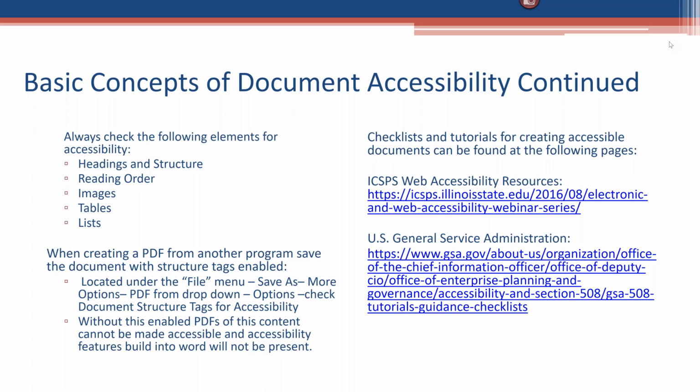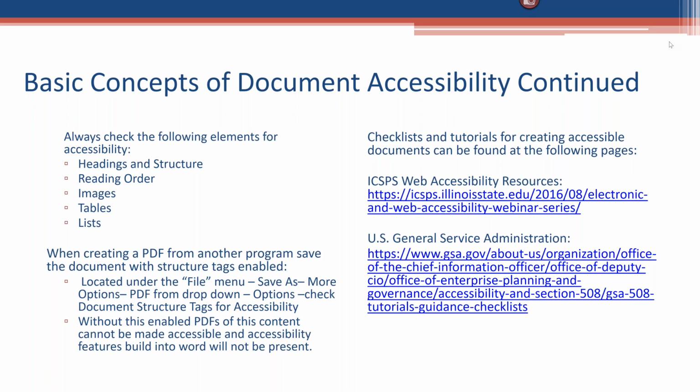For example, reading order in a PDF document. Even if you enable accessibility tags and have structured the source document well, most of the time some touch-ups and changes need to be made to the reading order.